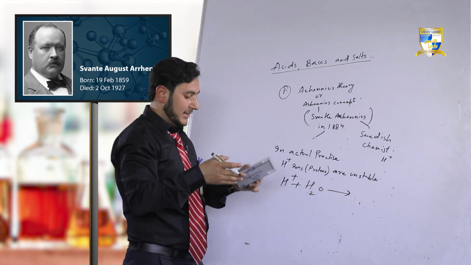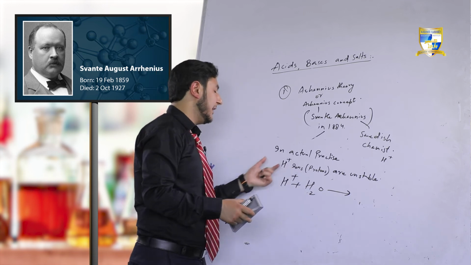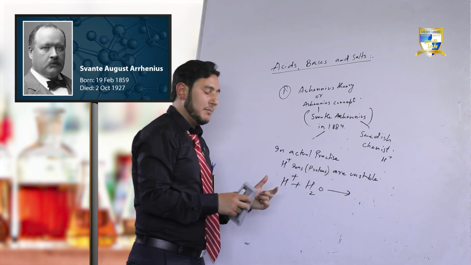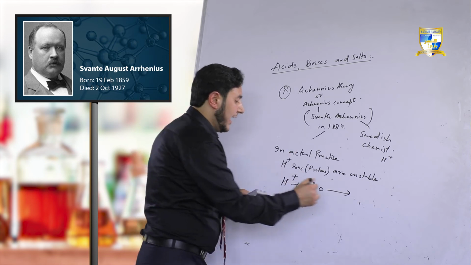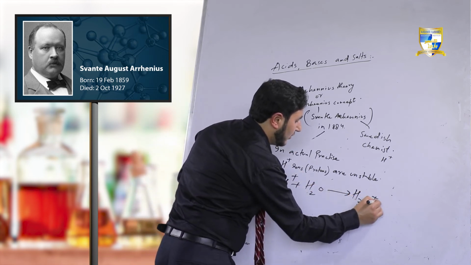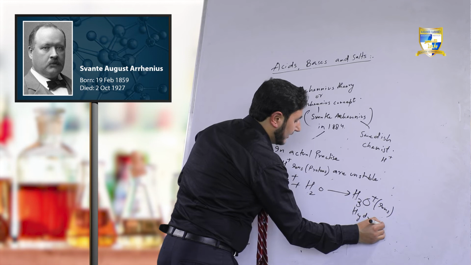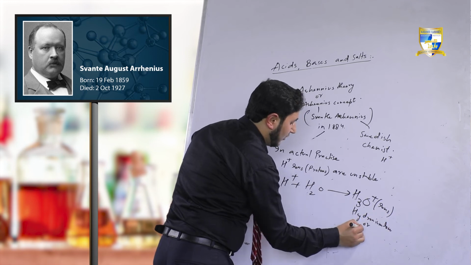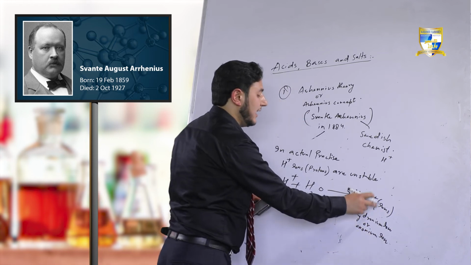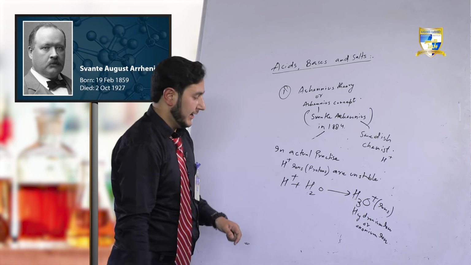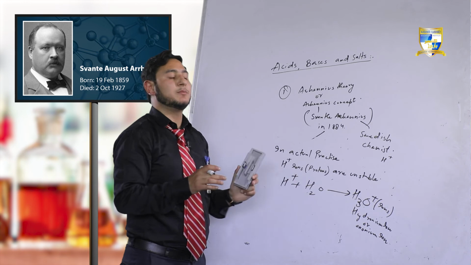I am talking about when an acid is dissolved in water, we say H positive ions are released. What actually happens there? H positive ions are very unstable. So these H positive ions react with the surrounding water molecules in the water and form H3O positive ions, also called the hydronium ion, and we may call it the oxonium ion. The simplest oxonium ion is the hydronium ion. What Arrhenius said was that an acid is a substance that releases H positive ions.